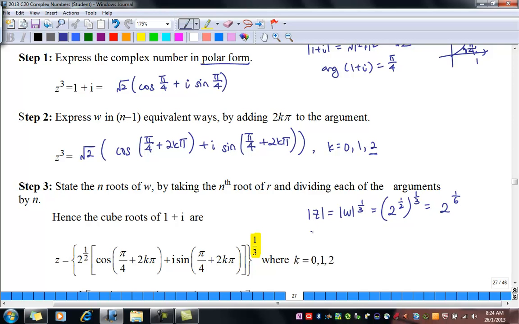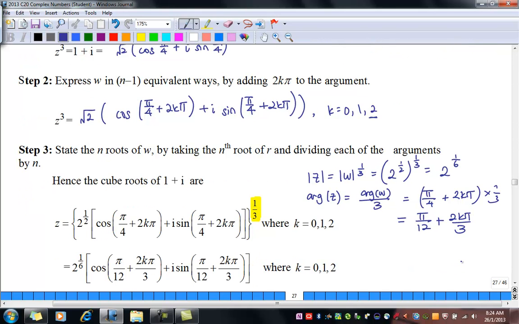Whereas the argument of z would simply be the argument of w over 3. So this will give me pi over 4 plus 2k pi, whole thing multiplied by 1/3. Upon simplifying this, I will get pi over 12 plus 2k pi over 3, which is how I arrive at the next step over here.